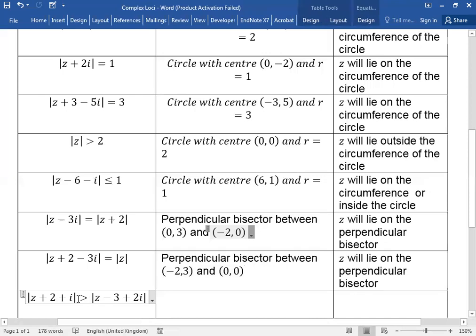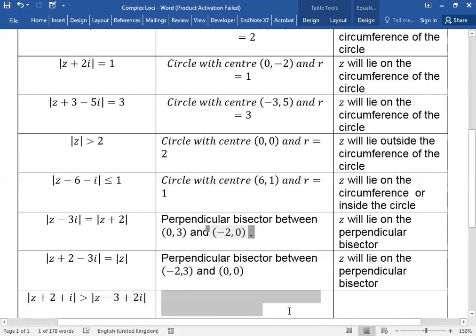Similarly, if I tell you this, what is this trying to tell you? The distance of z from -2 minus iota is greater than the distance of z from 3 minus 2 iota. Again, the statement concerns the distance between 2 points, so you'll still be making a perpendicular bisector.